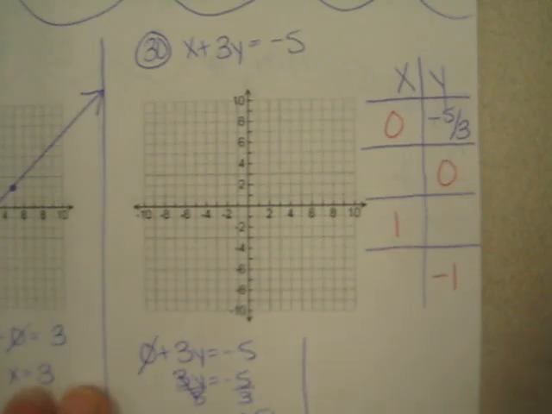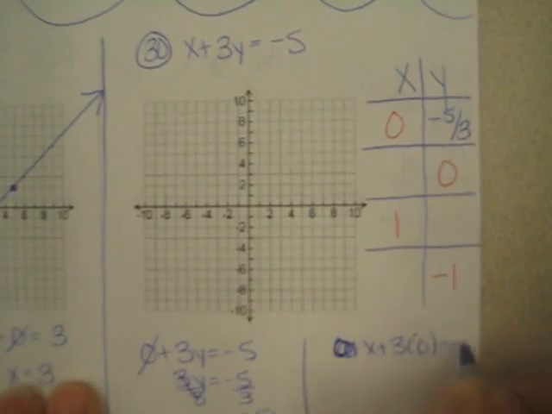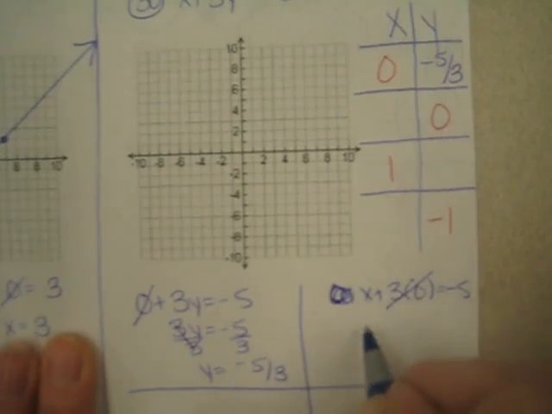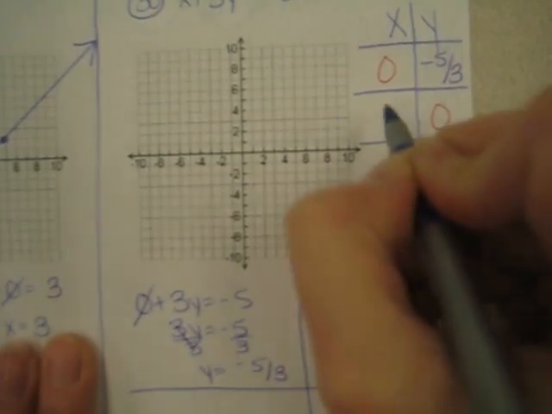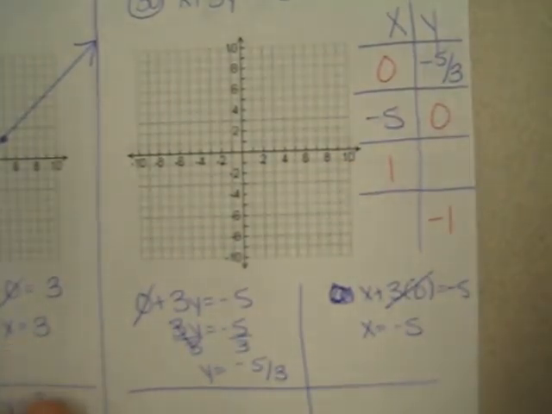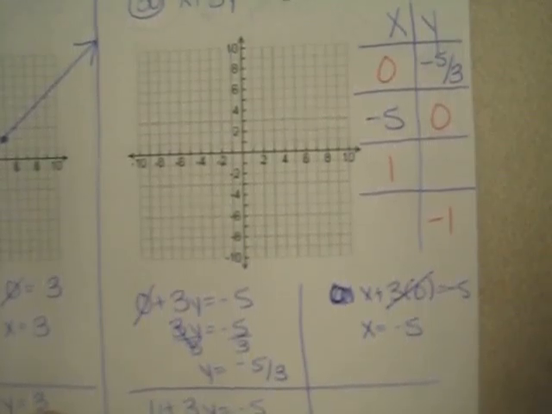Now I'm going to plug in y equals 0. X plus 3 times 0 equals negative 5. Okay, this drops. I get x equals negative 5. Now I have x equals 1. So 1 plus 3y equals negative 5. Minus 1, minus 1. 3y equals negative 6.